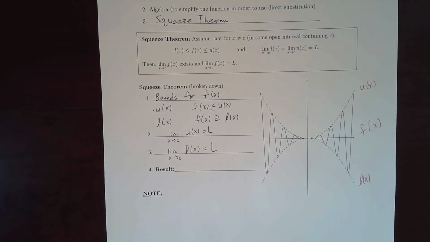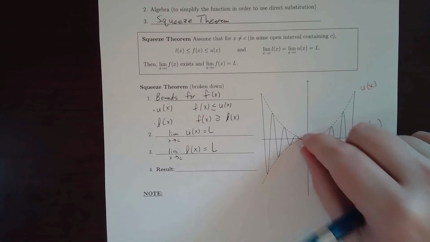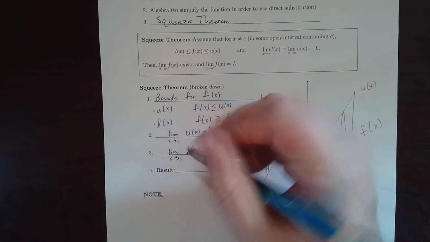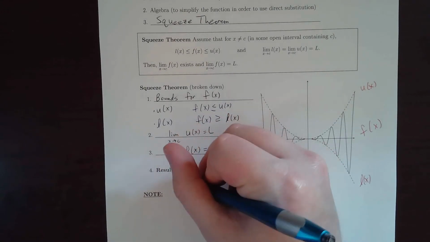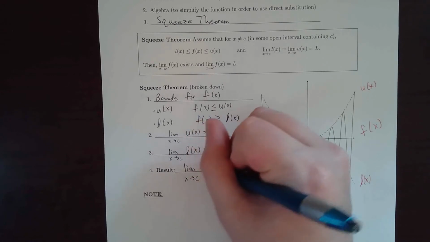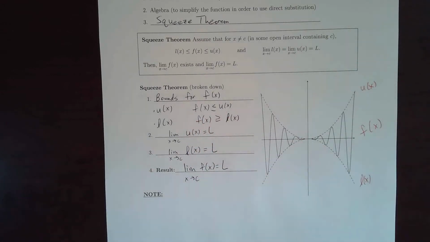Well, what that means is that f of x is going to be forced, because it's squeezed in there, to also have that limit at that point. So the limit as x approaches c of f of x will be equal to L.